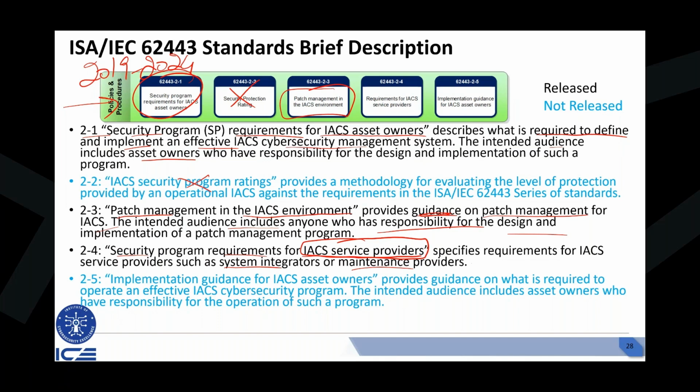Because if you focus strictly on, let's say, 2-1 and the end client, the asset owners have implemented excellent security controls, and they ask a system integrator to come in and do some work for them, and the system integrator in their own panel shop does all the design and integration and staging and FAT, and guess what? They don't have appropriate security controls in place.